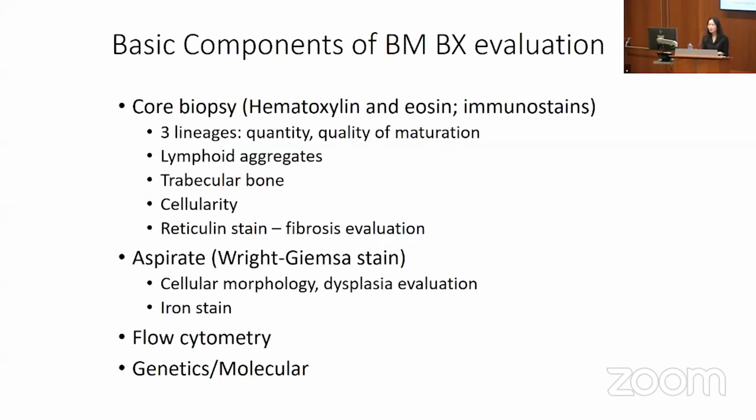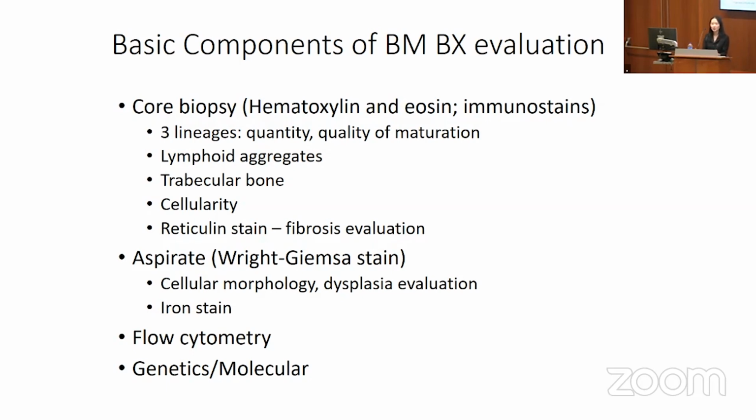So here's the basic components. We have the core biopsy, which I'm going to assess for the 3 lineages in terms of quantity and quality of maturation. I'm going to look for lymphoid aggregates. A lot of times, these bone marrows are coming to us for cytopenias or for decreased cell counts. And of course, the big question for us is usually, is there an actual neoplastic process with the myeloid component?